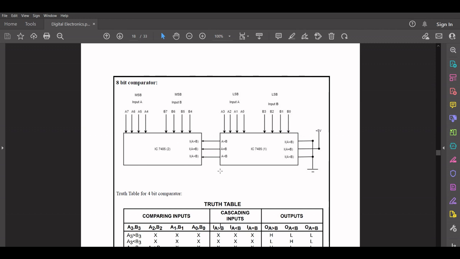Over here again we'll make use of the cascaded inputs. These will be the LSB inputs, and depending on the output that we get, we'll connect the output pins of this first IC to the cascading input pins of the second IC. Finally, we'll connect the output pins of the second IC to the LED box, and we can observe the outputs that we obtain for our particular test case.